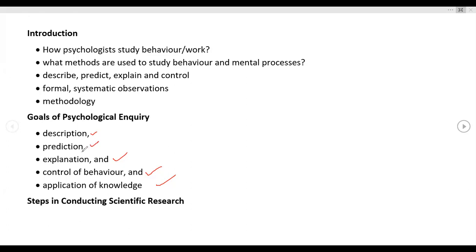These are the examples. And explanation, how did you act in that particular situation? And control of the behavior, yes, anything which is negative for your health should be controlled. And application: what has happened has to be remembered and applied further in any new situations. Next to that is steps in conducting research.